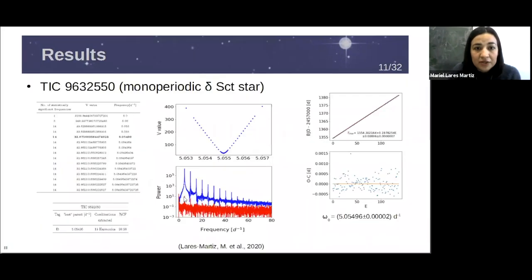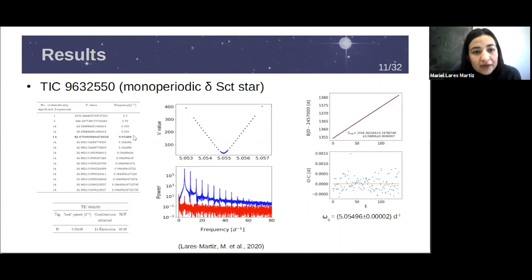So here I show the results of such a search for a monoperiodic Delta Scuti star. And here we see the minimum of the minimum variance, which points out the independent frequency. Here we show the cascade of interactions, which we find saturates in the 14th interaction.